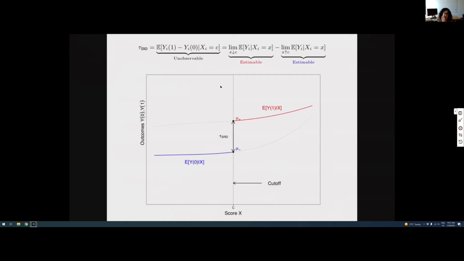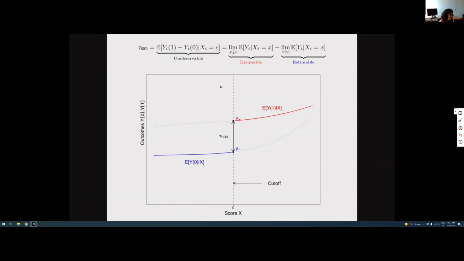When you think about continuity-based, this is the canonical plot that you're going to see to represent this approach. You're going to have the score on the x-axis and the potential outcomes on the y-axis, and you're going to plot in particular what we call the regression function, the conditional expectation of the potential outcomes as a function of the score.